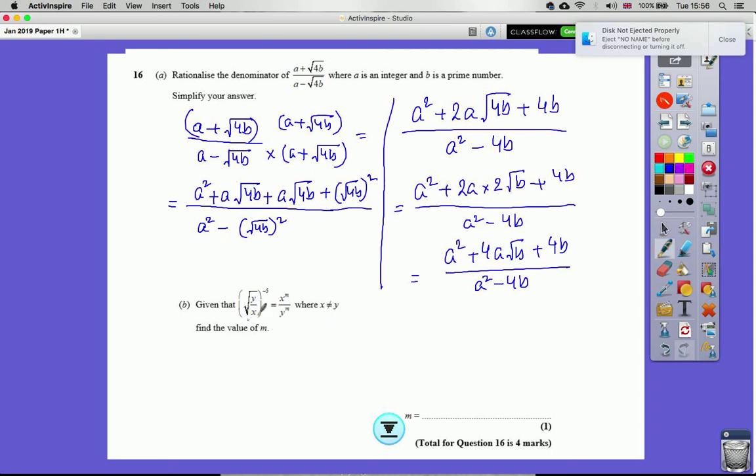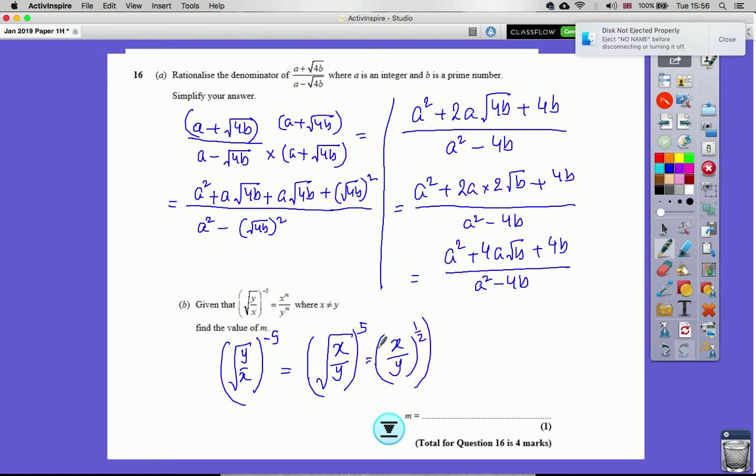If I first apply the negative power, it's going to be square root of x over y to the power of 5. Square root of x over y actually means x over y to the power of half, to the power of 5.